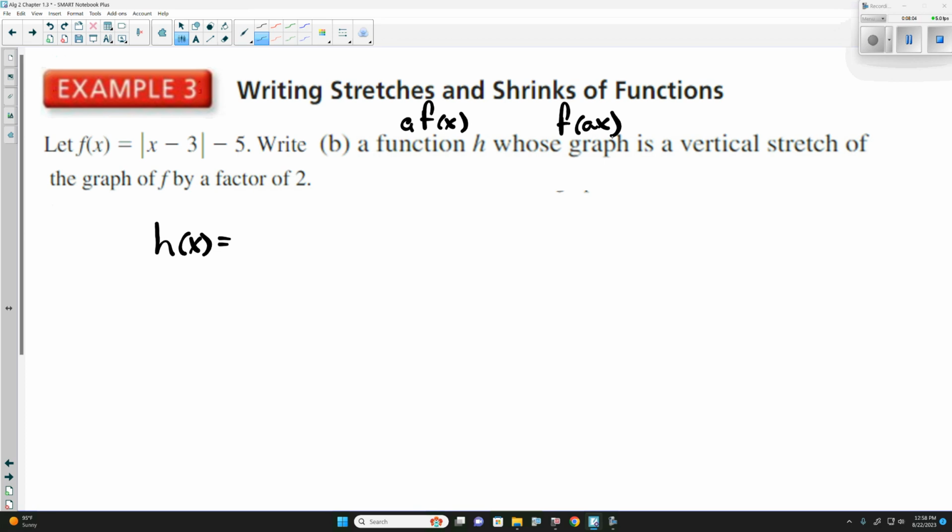Would a be inside or outside of the parentheses? Which one is attached to vertical? They didn't put it over here. Vertical is which one? A times f of x. So is a inside or outside the parentheses? Outside.